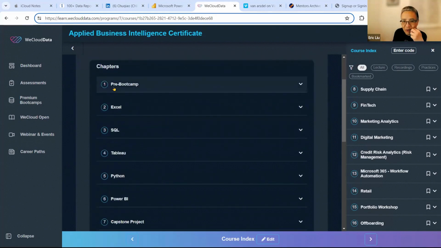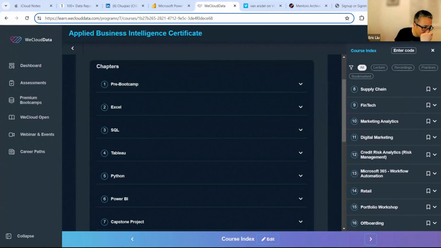So we break it down into pre-bootcamp. And the purpose of pre-bootcamp is to help you get familiar with particularly SQL and Python. So when you start the bootcamp, you wouldn't feel the learning curve is too steep. And this is actually really good for the students with zero experience in coding.